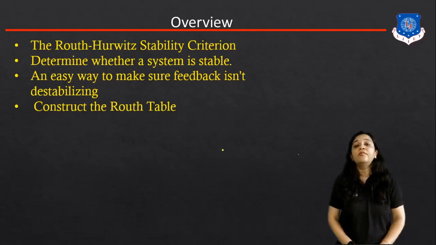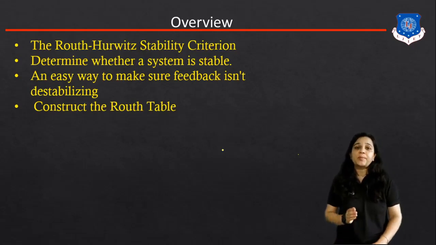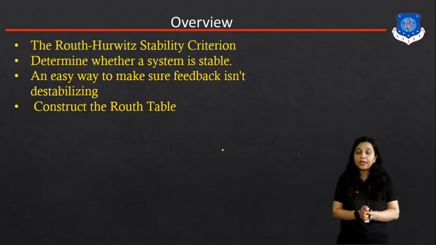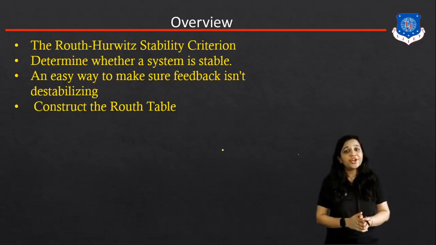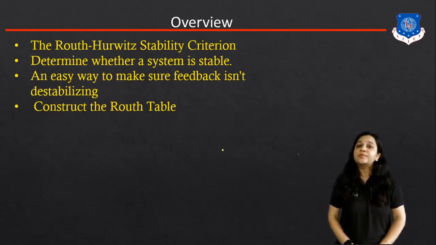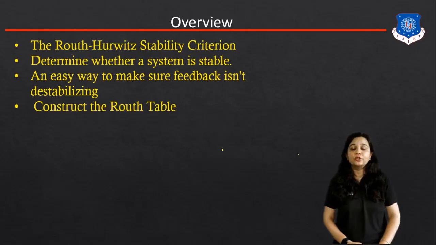First of all, we should know which type of system we have to consider for this stability. In chapter number 1, we studied control systems. Generally, we have two types of system: the first one is the open loop system and the second one is the closed loop system.